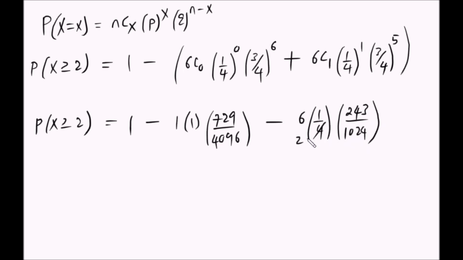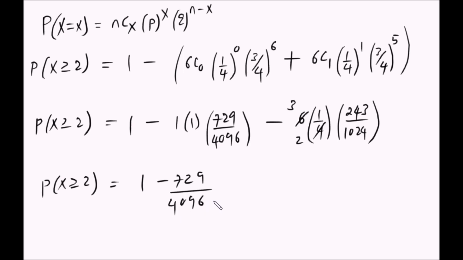So by 2 here you get 2, by 2 you get 3. So what we are looking for here is just going to be 1 minus 729 over 4096 minus again. Hapa pia itakuwa ni 3 times 243 ni 729 again over huyu hapa ni 2048.